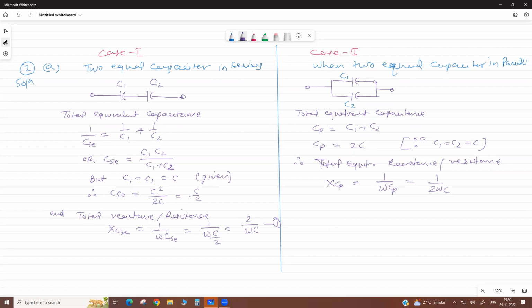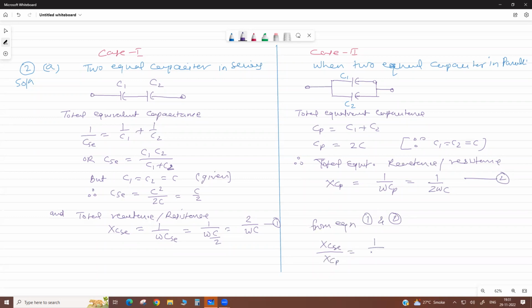But if we talk about which resistance, meaning reactance, is higher, now if we compare, this is equation 2. So from equation 1 and 2, suppose equation 1 is divided by equation 2.